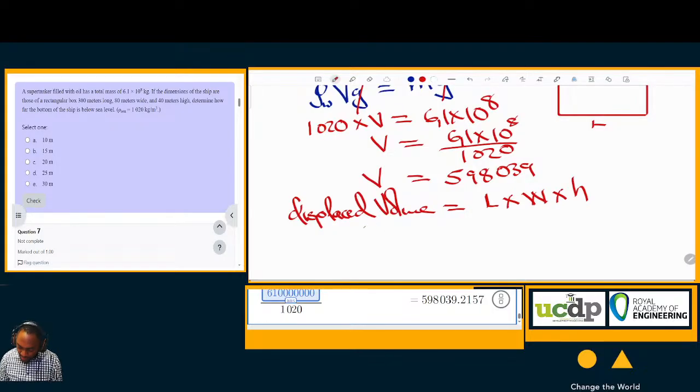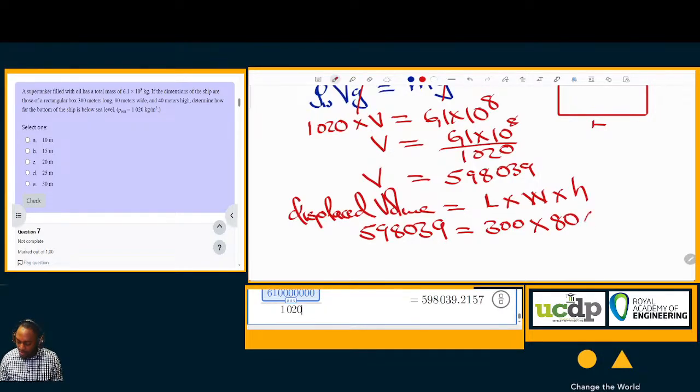Now the volume displaced, 598,039, should be equal to the length, which we know is 300, and the width we are given there, it's 8 meters wide.